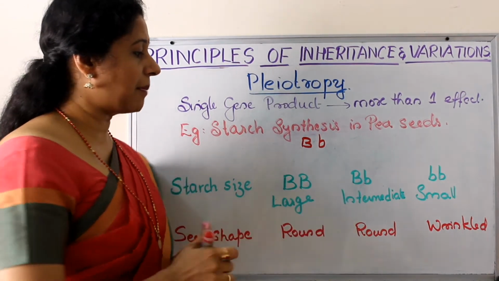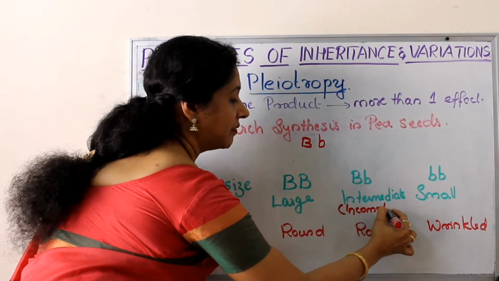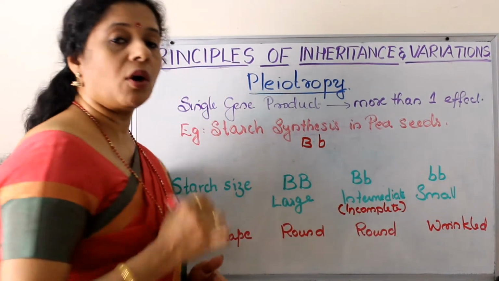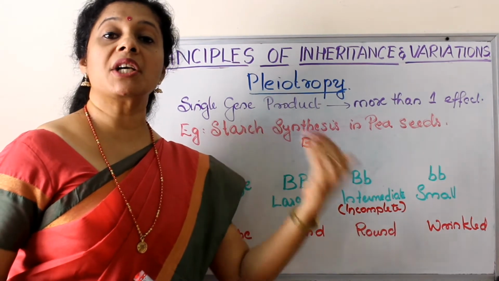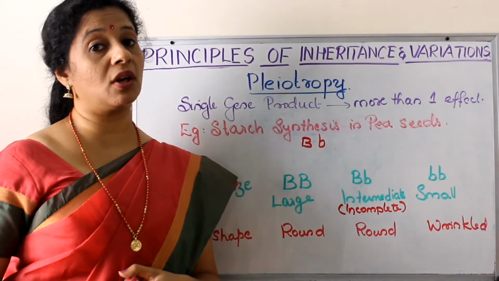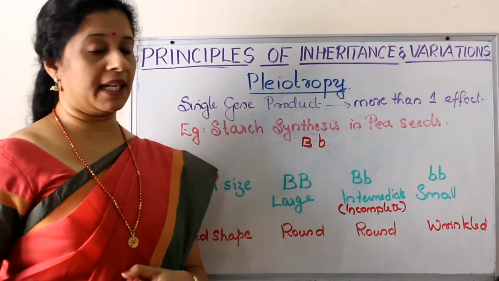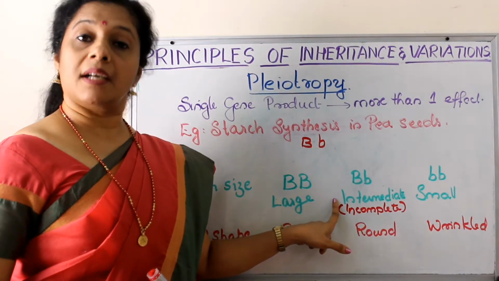So this is an example of incomplete dominance, where the dominant allele partially dominates the recessive one, producing an intermediate phenotype. So starch size is another example of incomplete dominance.